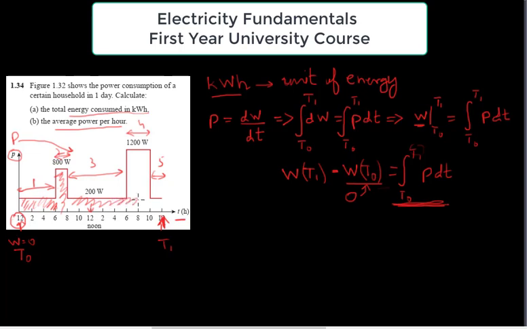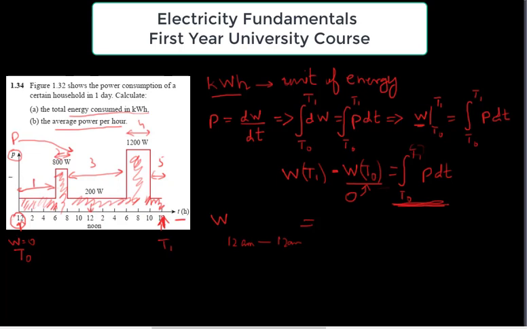This is the whole area, and since they are simple rectangles, we can easily measure W directly, and the energy consumed between 12 a.m. throughout the day till 12 a.m. on the other day is simply going to be these rectangles.